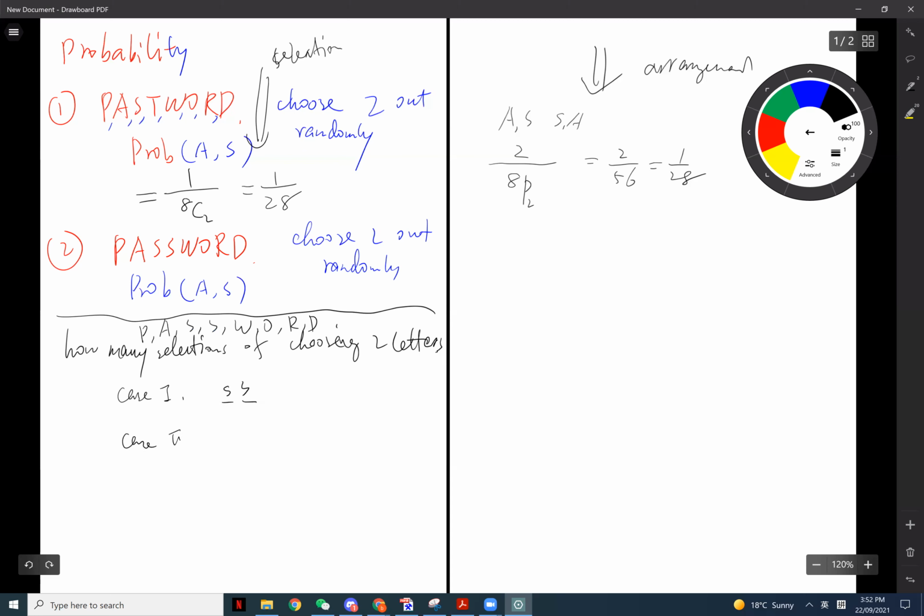Case 2, 1S, we have 6C1, one way, 6 ways. Case 3, no S, how many ways? 6C2, 15 ways. So total, if you just choose two letters out, we got 22 ways.